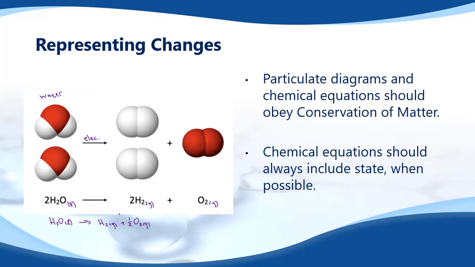Either method is acceptable. We use this method down here a lot, especially for thermodynamics. The reason why is that it's always easier to multiply by 1 a lot of times than it is to do 2's. So it just makes our process a little bit quicker. All right, so those are chemical and physical changes, and representing chemical changes as either reactions or particle diagrams.